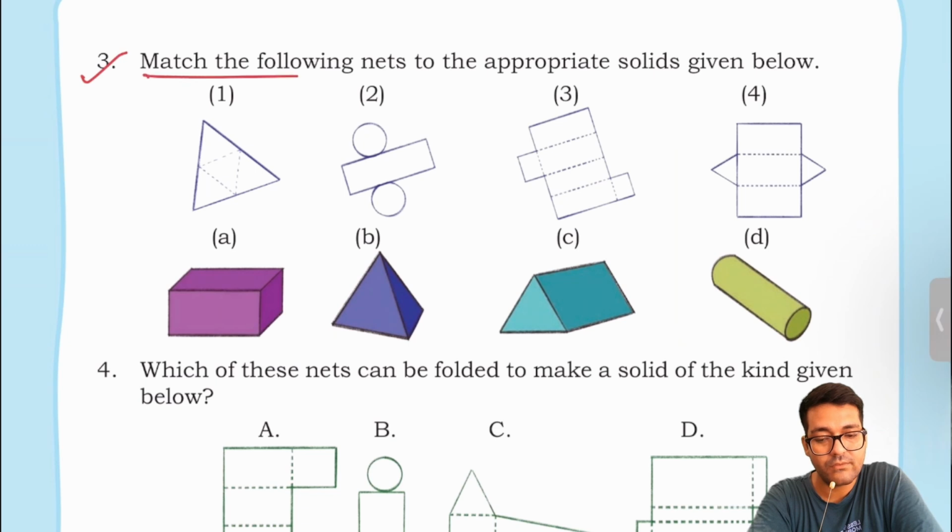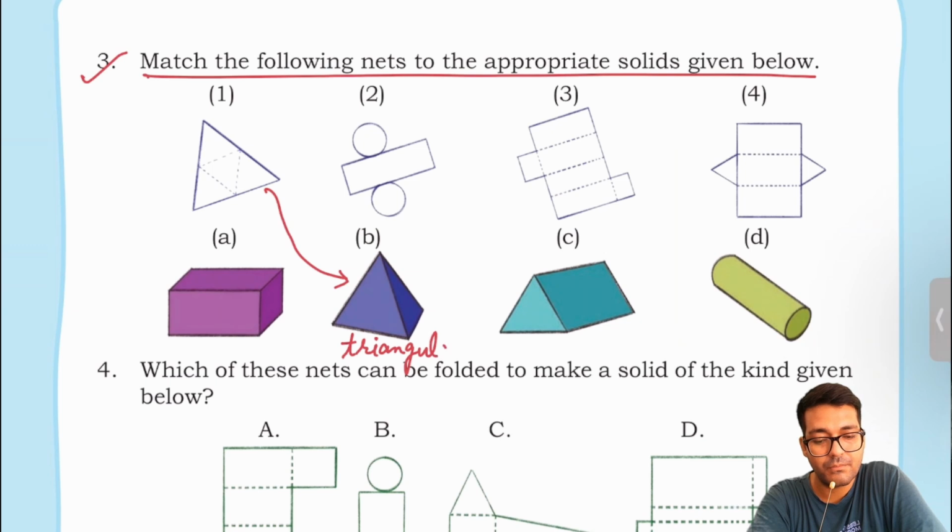3. Match the following nets to the appropriate solids given below. You can see here nets and solids are given. You have to match them. First is for the triangular pyramid.